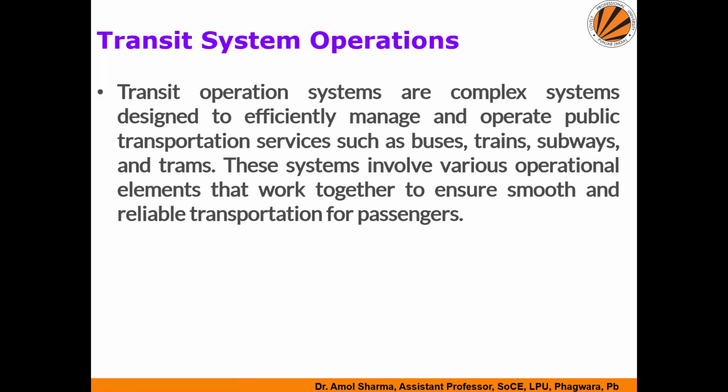Now, we have to be very specific that whenever we are talking about urbanized transit systems, these systems should involve various operational elements that work together to ensure smooth and reliable transportation for passengers. So today's webinar will focus on those urban movements which are happening inside the city only, and the transit systems and the policies which define and manage the operational characteristics of such movements.